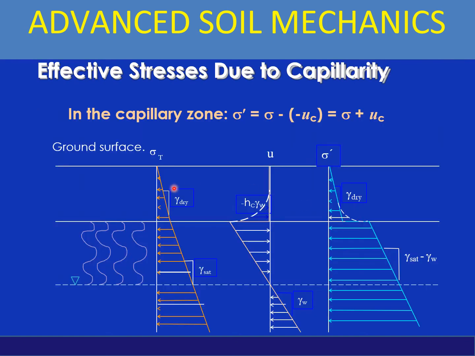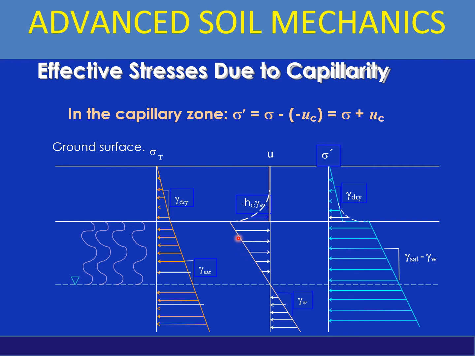The same thing can be seen over here. If you are having the capillary rise and you plot the total stress distribution, the pore water pressure distribution, and the effective stress, you would find these distributions like that. So you can see that this is the groundwater table level.